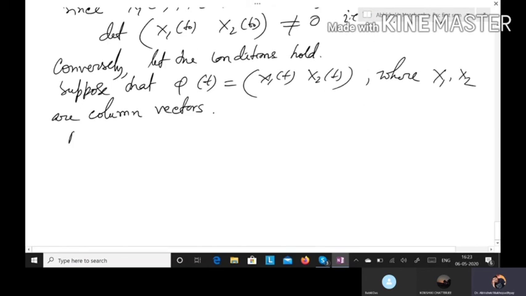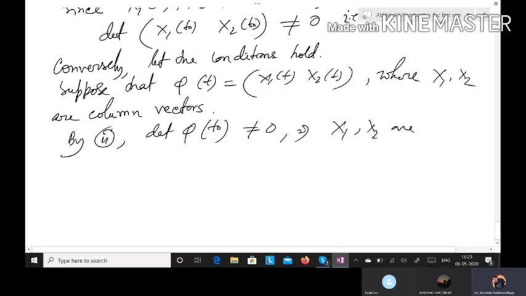Now by condition 2, determinant of phi of t naught is non-zero, and this proves that x1, x2 are linearly independent at t naught.